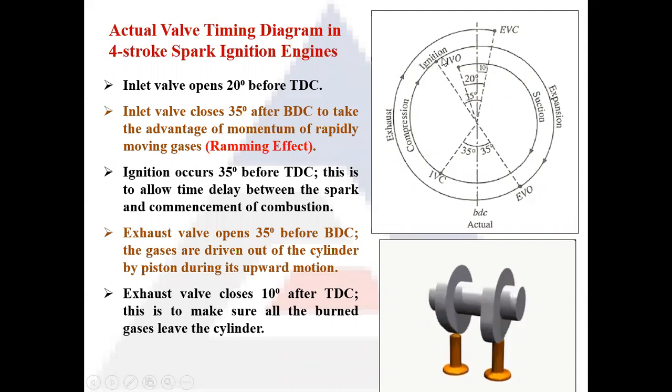The first nucleus develops, and then the combustion spreads gradually throughout the combustion chamber, through the different layers of fuel that are there. So to accommodate that, the time between the ignition of the spark and the actual combustion taking place is known as the ignition lag.